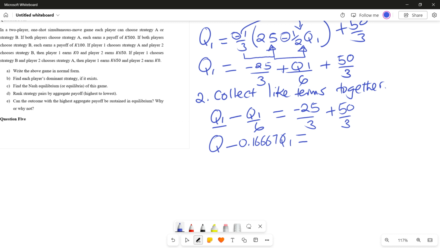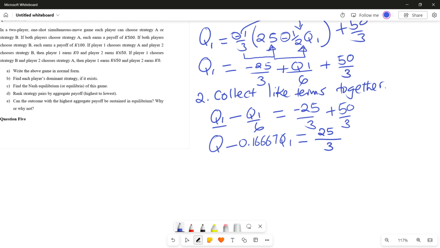So since we have negative 25 over 3 plus 50 over 3, we maintain the 3 and say negative 25 plus 50. The answer will just be a positive 25.